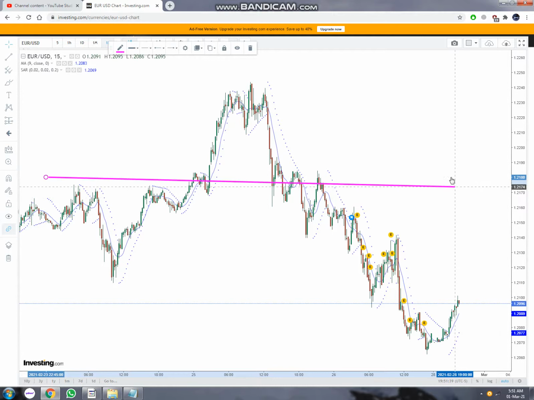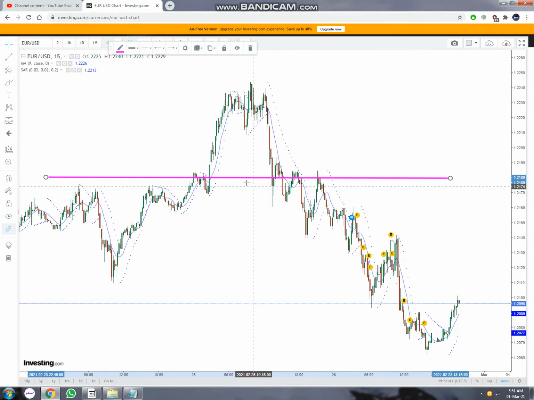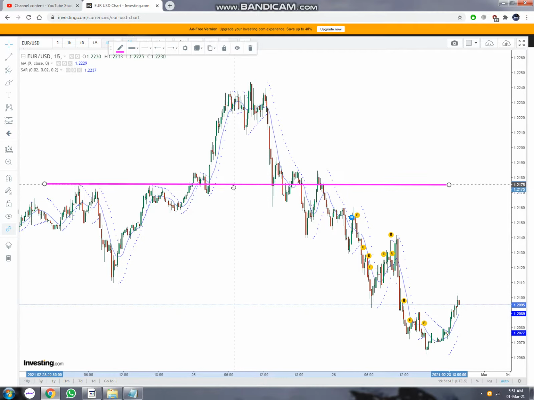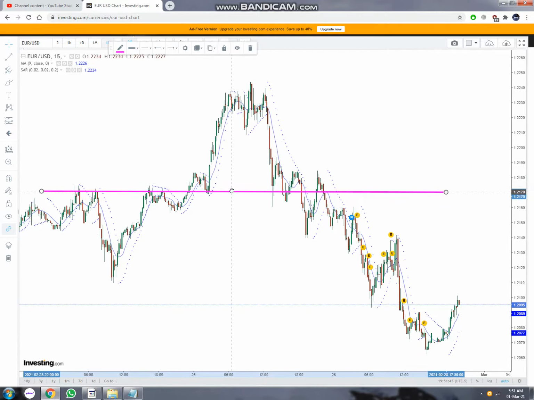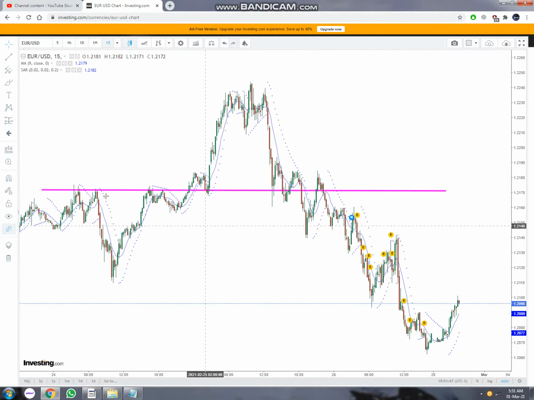Now let's take a look at these levels over here. You can see this is a major support level.